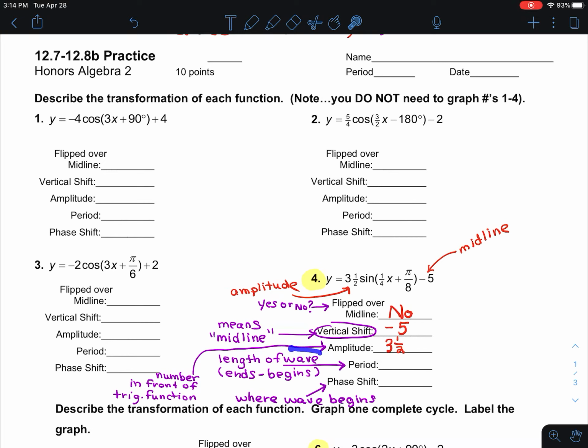To get the length of your wave, the period, you have to know where your wave ends and where it begins, and you subtract end minus begin. I also think that these last 2 blanks were in a different order, maybe on the notes page or in the video, so they can be in any order here. Just know what each of these things mean. Period is the length of the wave.